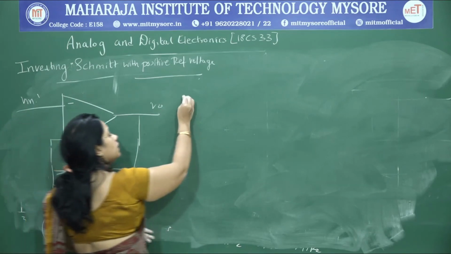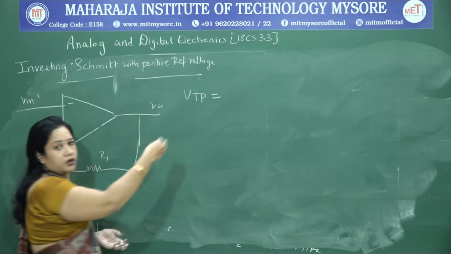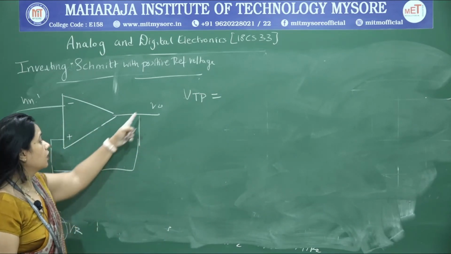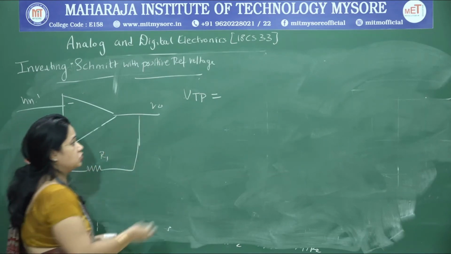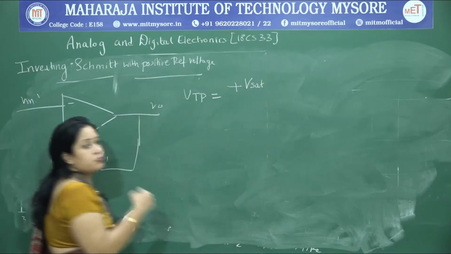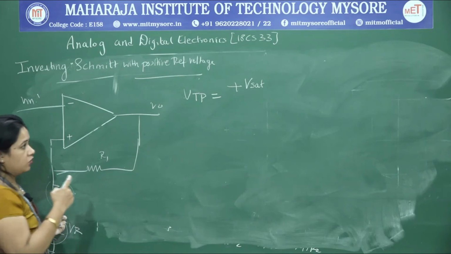We call it the upper threshold point, UTP, or VUTP. Because the output is at positive saturation, it is plus VSAT, and the voltage drop across R2 is to be accounted for.